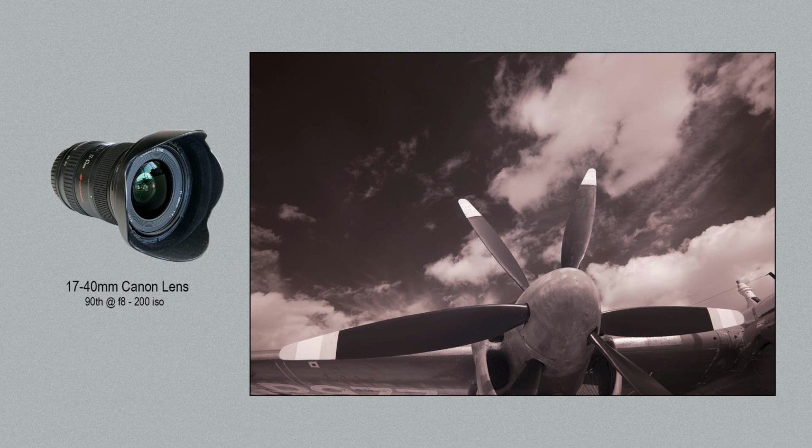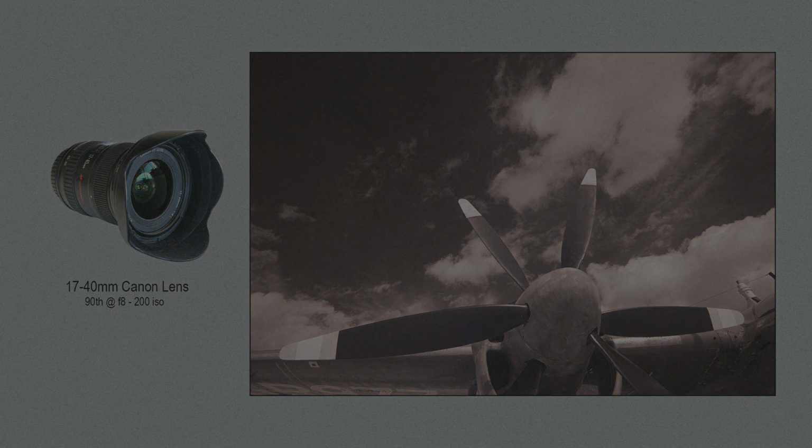So I moved on to the 17 to 40 Canon lens because I wanted that sort of range. Here you can see an image from the Canon 5D converted camera through the 17 to 40mm lens. Once again, you can see a 90th of a second at f8 at 200 ISO. But I've now shot hundreds of images with this lens and there is no sign of that hotspot at all.